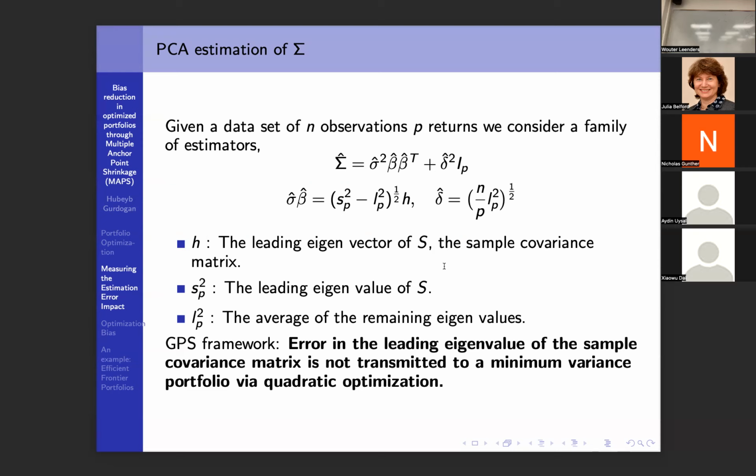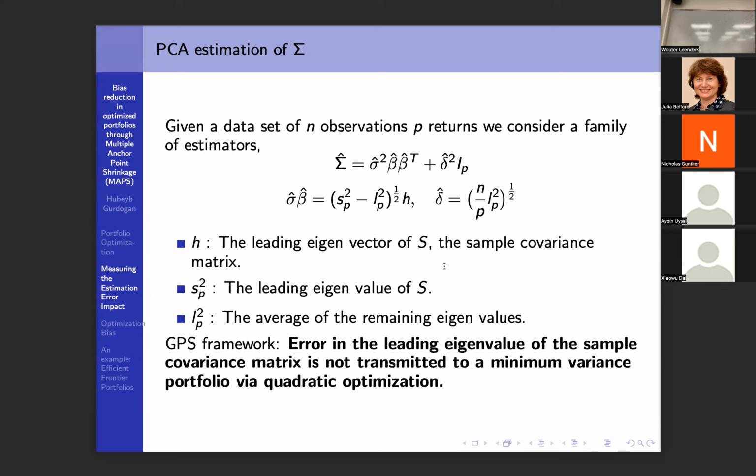All right, if you look at these quantities, delta hat, as p goes to infinity, is catching up to delta. It's a consistent estimate of delta, but not the same here. We will have some sampling error associated with the leading eigenvalue of S that will distort the constant SP squared minus alpha squared in terms of its estimation performance.